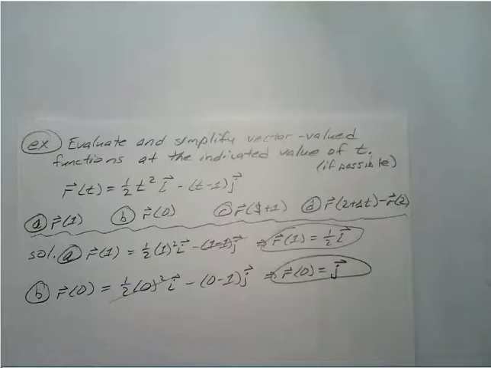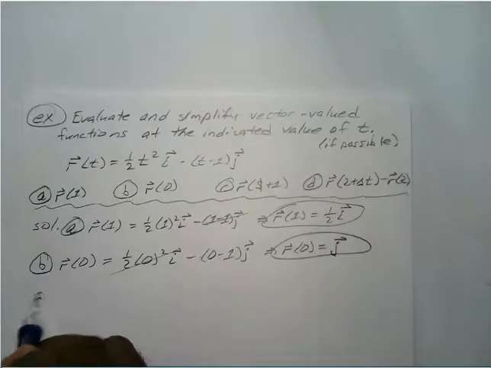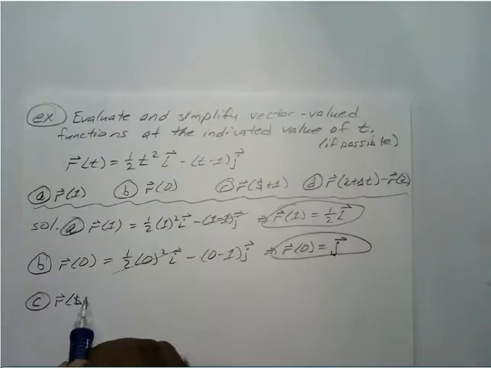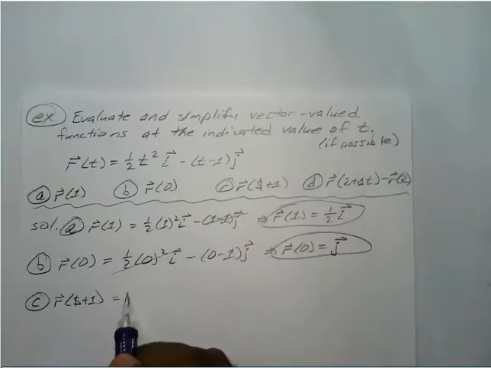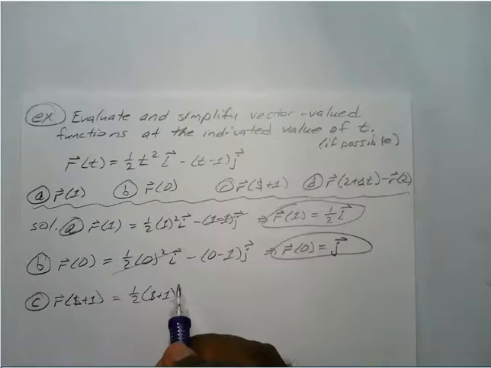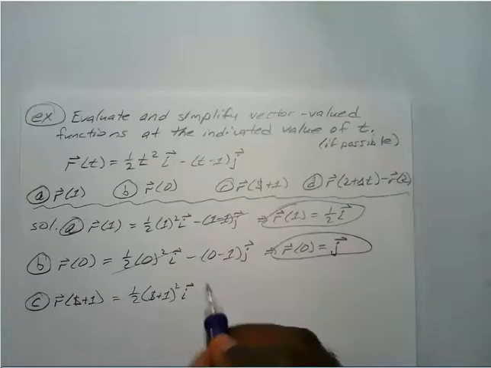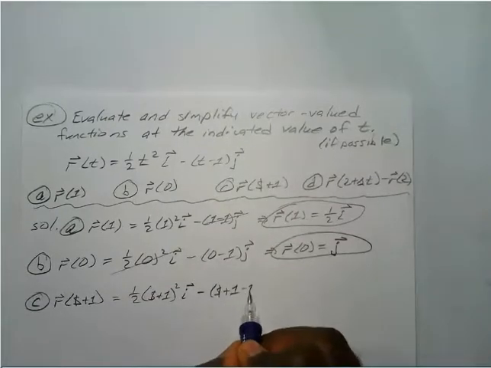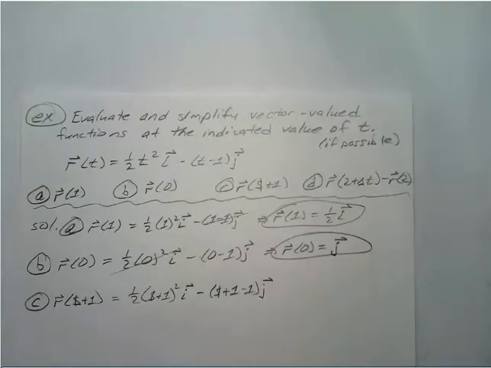Okay, so what about problem C? We have r of s plus 1, which is just 1/2 times s plus 1 squared times the i vector minus s plus 1 minus 1 times the j vector.